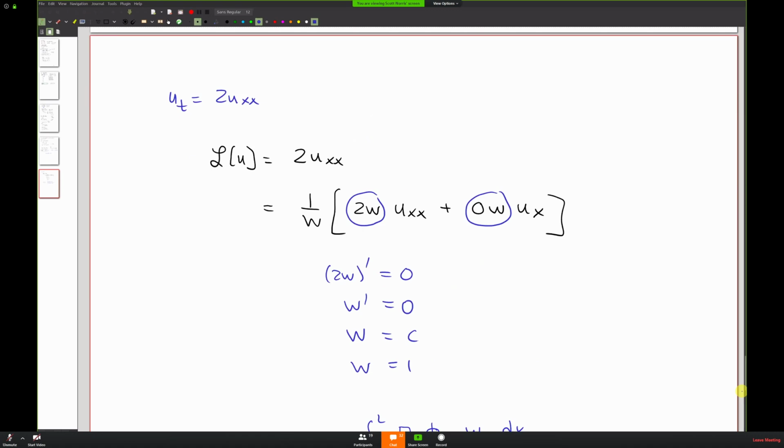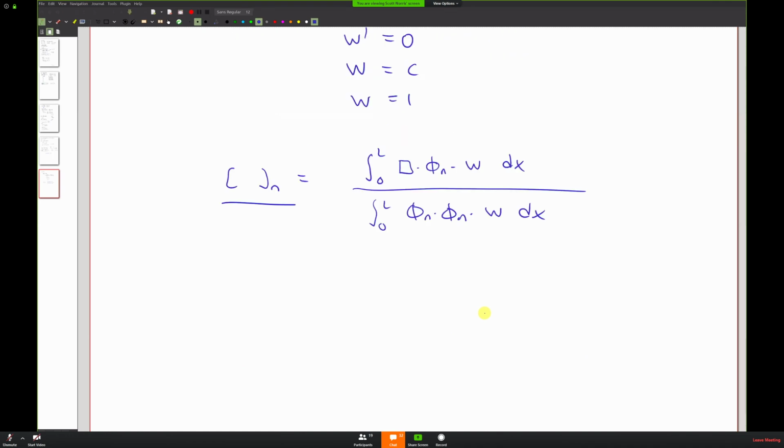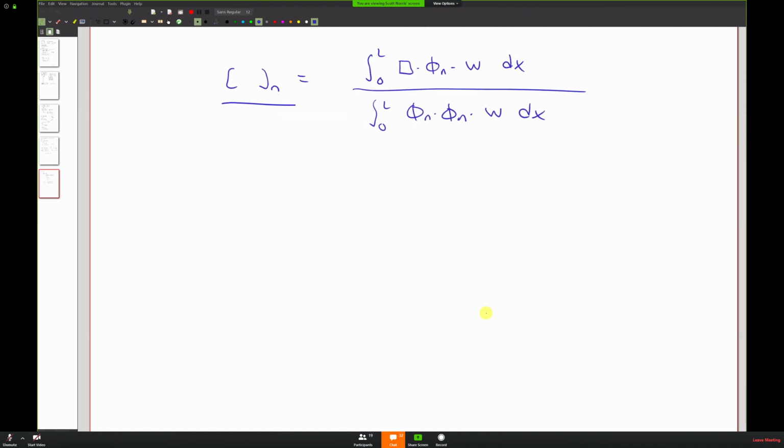But I'm saying that whenever you're finding the eigenfunctions, if you do find a value of W, it doesn't change your phi, right? The first time you apply W is in the transform, right? Yes.